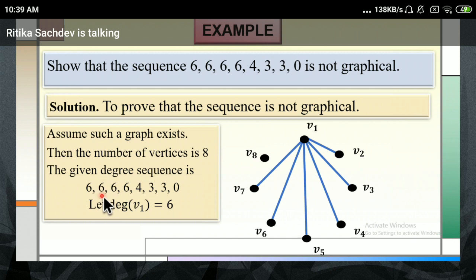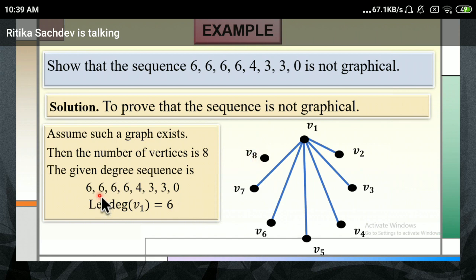But for V2, I already know that one edge is counted. So now this number should be 5. But for how many such vertices? Check. For second it should be 5. For third it should be 5. For fourth it should be 5. For fifth it should be 3. For sixth it should be 2. For seventh it should be 2. Do I have to do anything with the 8? No. It remains as it is.